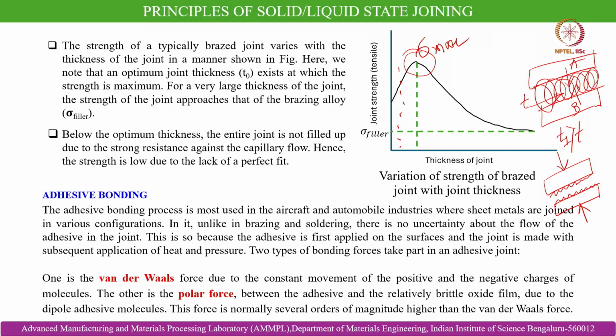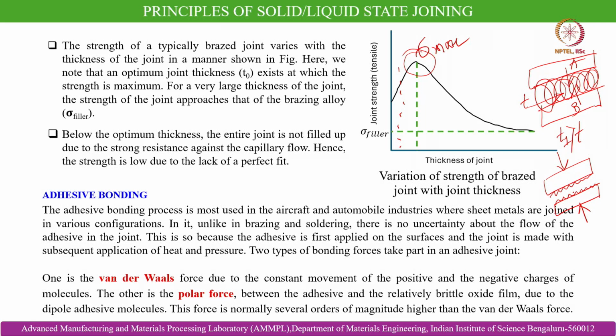Mostly the adhesives are polymers, so that they can develop appropriate polymeric chains and bondings between the adjacent layers which are getting connected to each other. So, the uncertainty is not there.